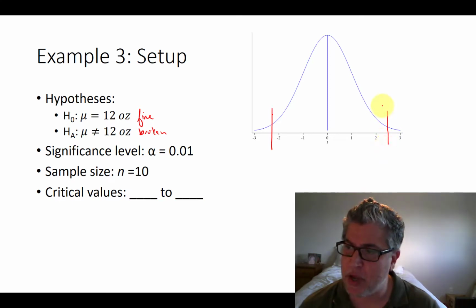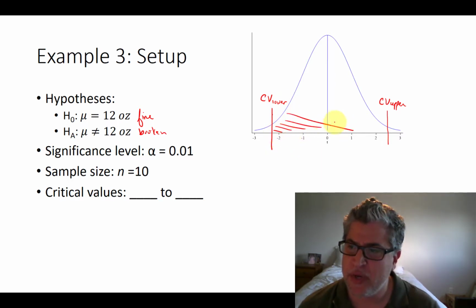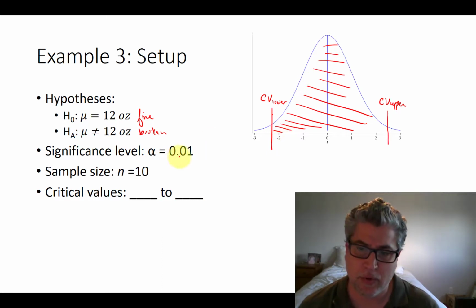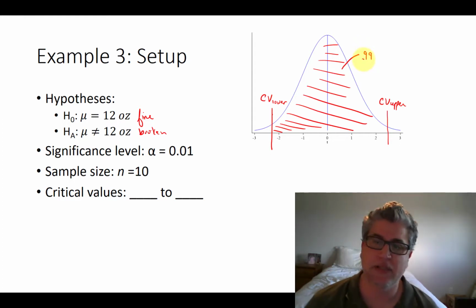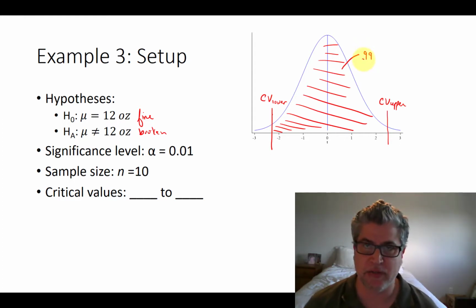So we're going to have our upper critical value, some value of t, and our lower critical value. And between them, we're going to account for all but 1%. So in other words, 99% is going to fall between these two critical values.